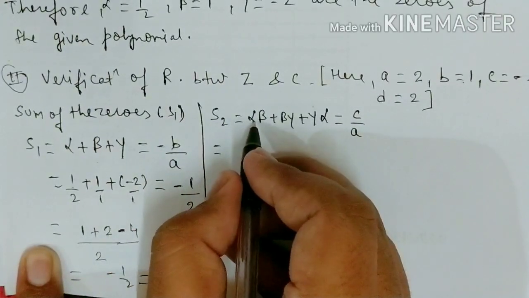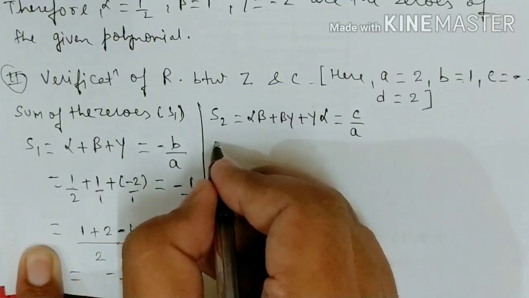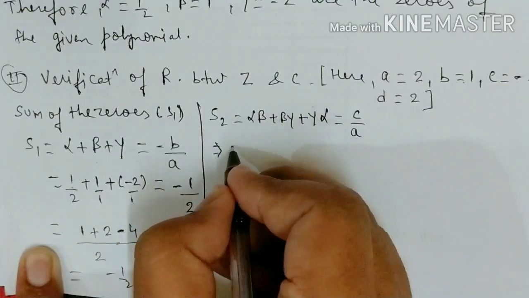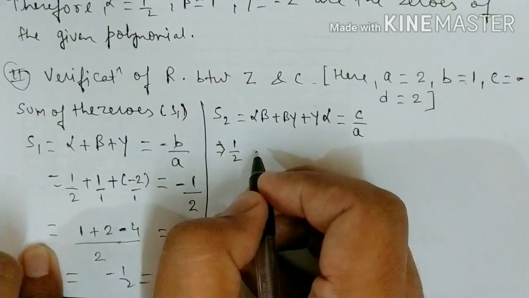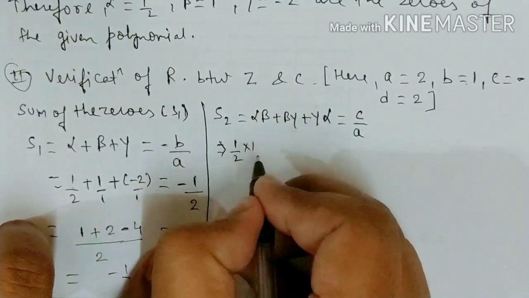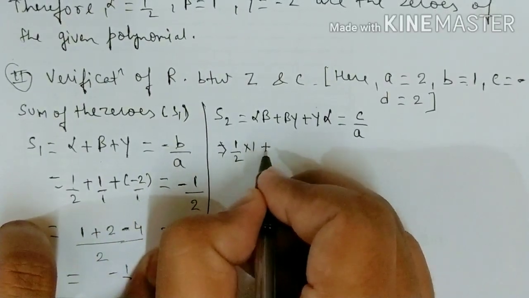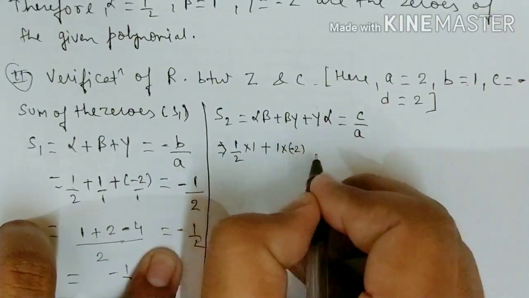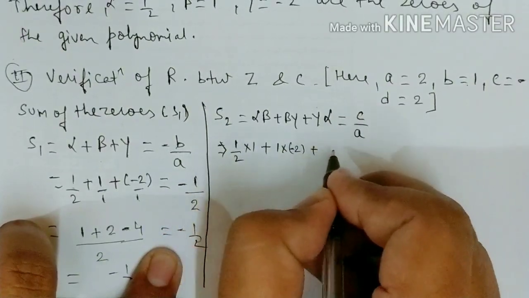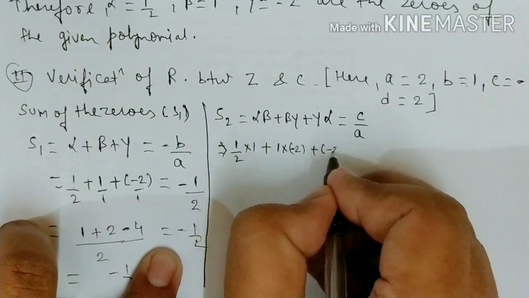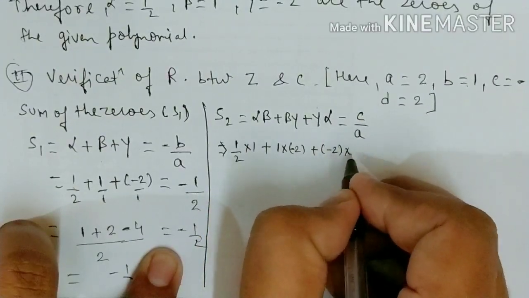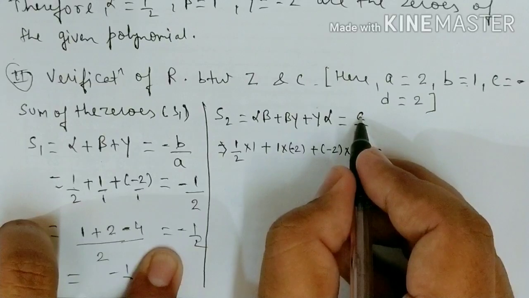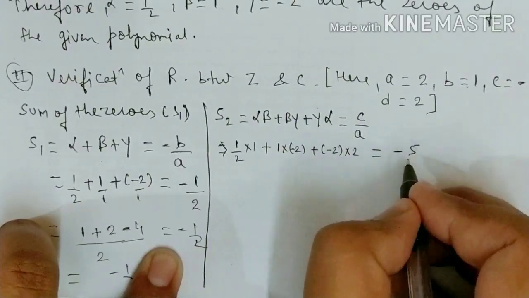What is the value of alpha? I am putting all the values and simplifying. 1 by 2 into 1 plus, what is the value of beta? 1 into minus 2. Yes, value of gamma is minus 2, alpha is 2, equal to, what is the value of C here? Minus 5.